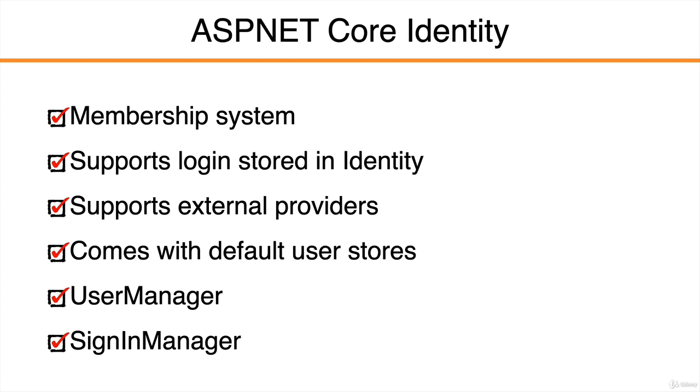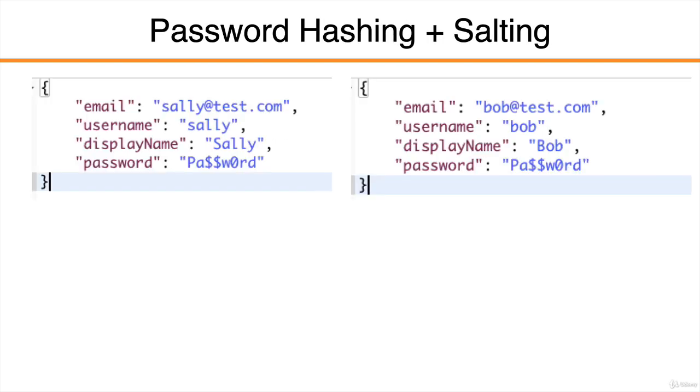Now, storing passwords in the database sounds a bit scary, but it really isn't. ASP.NET Identity stores a hashed version of the password in the database, and it also adds salting as well. Now, password hashing is a one-way operation. You can only hash something, you can't dehash something.